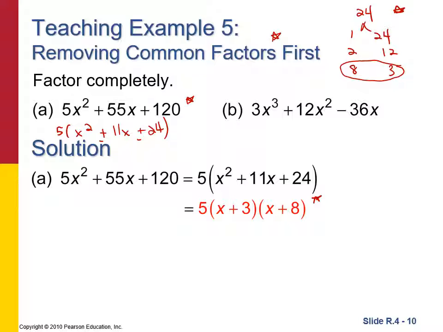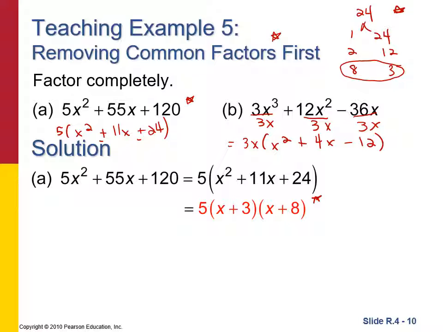All right, let's take a look at this one. So again, notice I'm just dividing everything by the coefficient of this first term. All right, and so this leaves us with 3x. Actually, why don't we divide everything, since there's an x in all of them, by 3x? So 3x times x squared plus 4x minus 12.